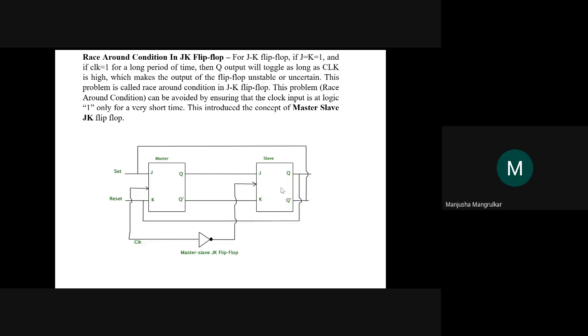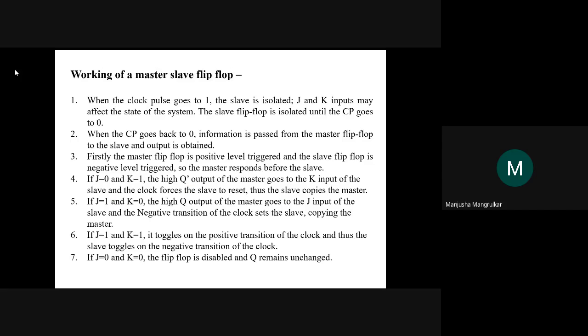But that problem has been recovered in the master slave flip-flops. In a JK flip-flop, if the clock is high, the master will be activated. If the clock is low, the slave will be activated. So whenever the clock is high or low, one of the flip-flops will be activated and perform its operations, right? Now we'll see how it works.